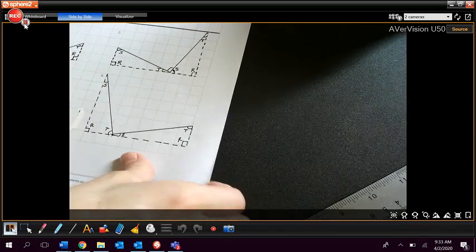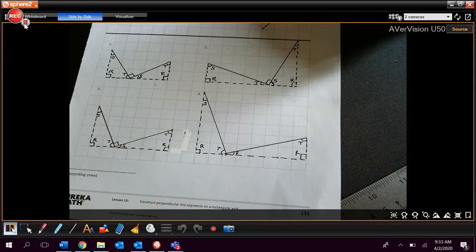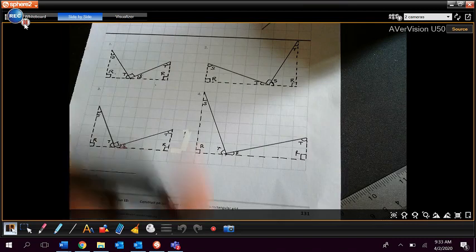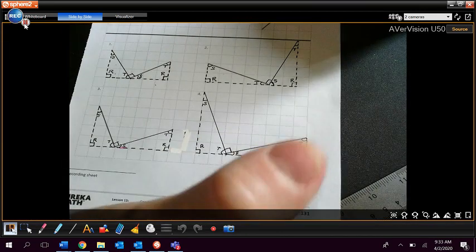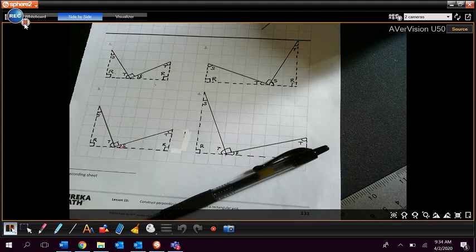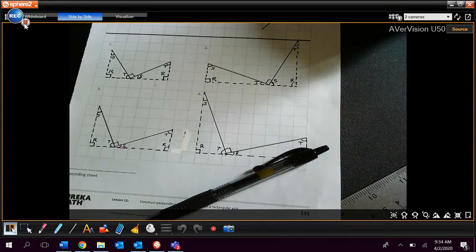Alright, boys and girls, so now you can check your work, and your work should have looked something like this for 3 and for 4. So both of them were perpendicular, so this forms a right angle. So now that we've done all 4, you're going to go back to your Eureka book, and I want you guys to work on your problem set.